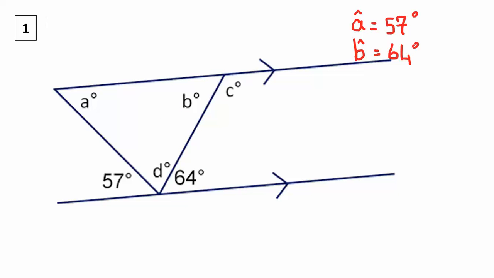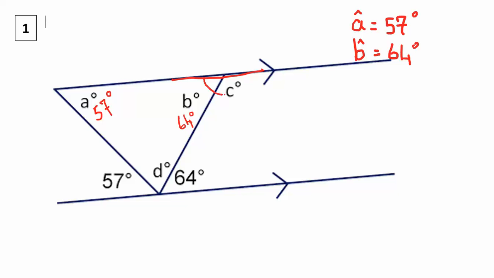And I just want to write in the angles that we have found. Angle A was 57 degrees. It'll help us later on when we try and find the other angles. And angle B is 64 degrees. Now moving on to angle C, we can see over here that we have a straight line which will measure 180 degrees.